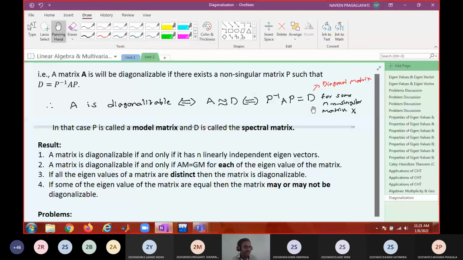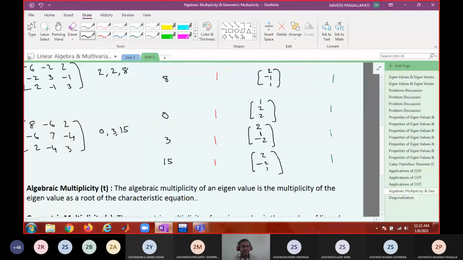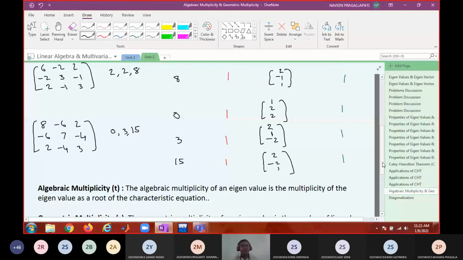So take the first problem. What could be the first problem? First one is this one only. So you already answered the first. If I give the matrix like this, what is your conclusion?